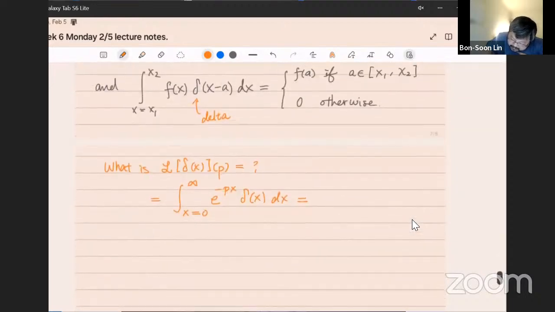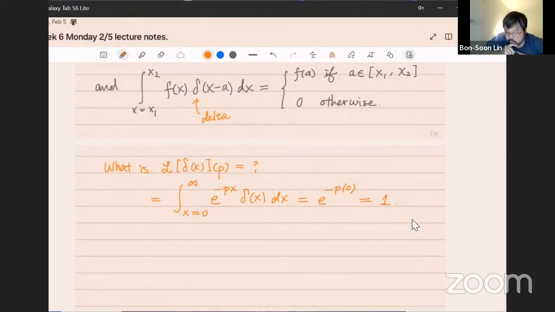So this is just e to the minus px at x equal to 0. So just plug in 0 here. Wait a second. What is e to the minus p times 0? E to the 0 is 1.